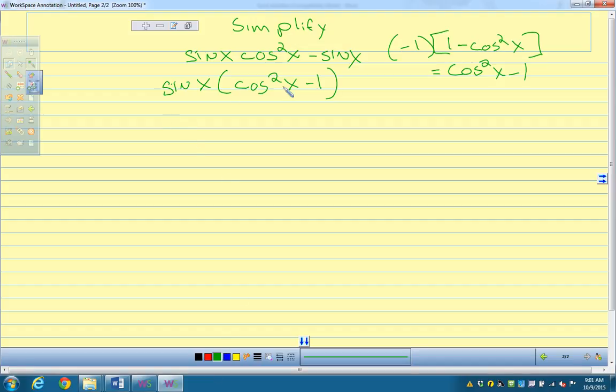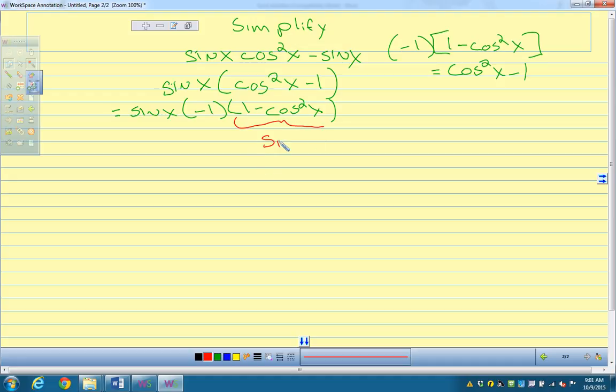So what I can do is rewrite this as sine of x times negative 1 times 1 minus cosine squared x. Why would I want to do that? How would I know how to do that? I think you just have to do lots of practice and know that that's what you have to do, okay? What's 1 minus cosine squared x equal to?